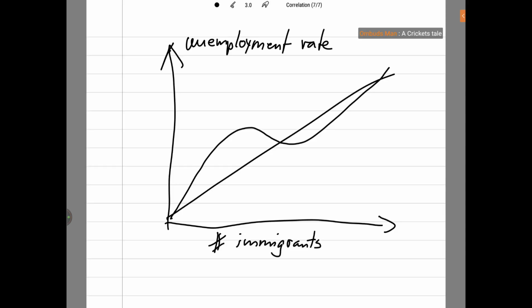But do you see what I mean here with this example? Unemployment, number of immigrants. And people believe that. It could be something completely different. Unemployment very clearly has something to do with the economy. If the economy is bad, unemployment is high. Yeah?